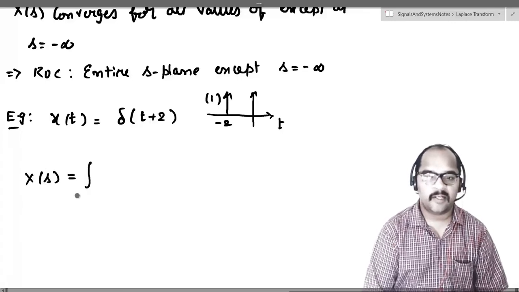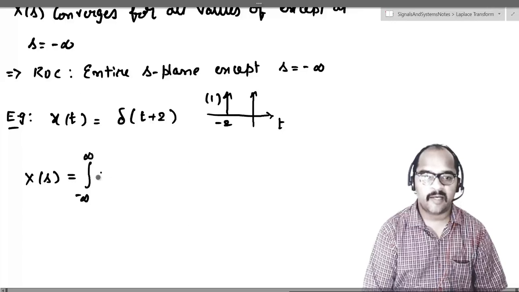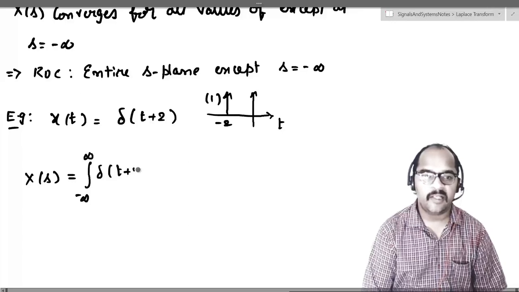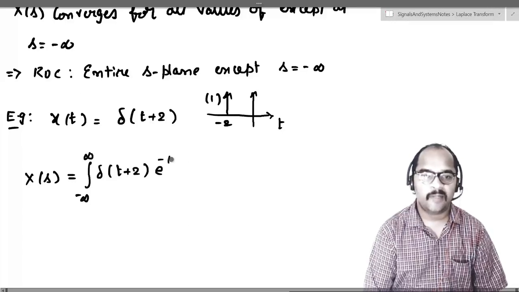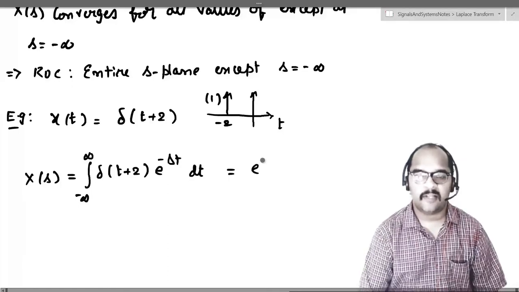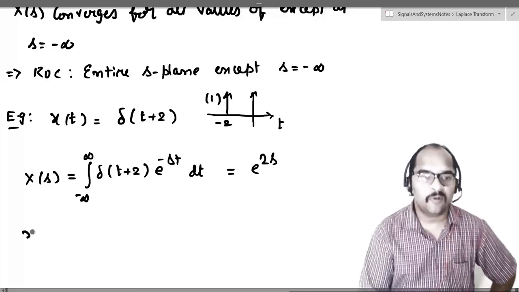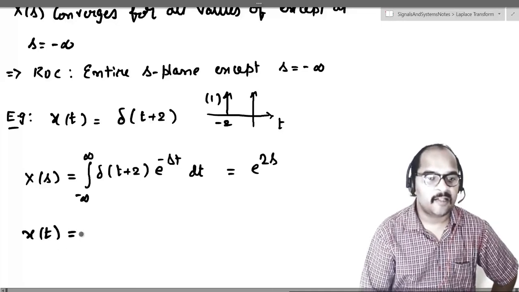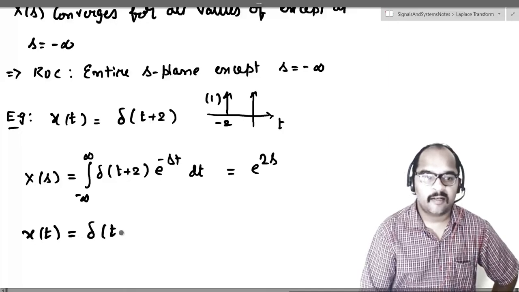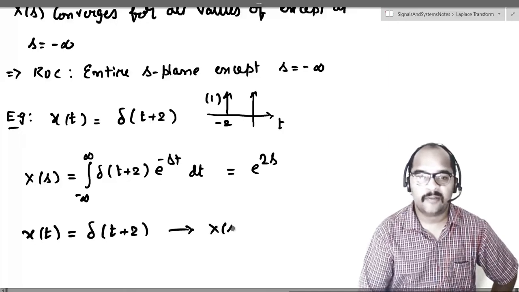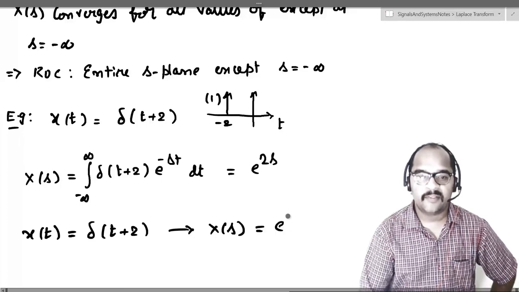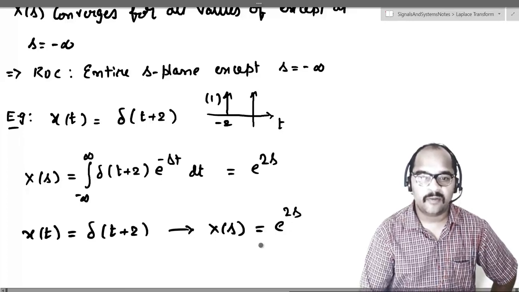As usual, that is equal to the integral from minus infinity to infinity of delta of t plus 2 e power minus st dt. This again simplifies to e power 2s. First let us write down what we got. x of t equal to delta of t plus 2 will have x of s equal to e power 2s.